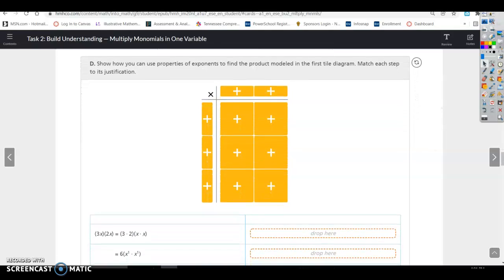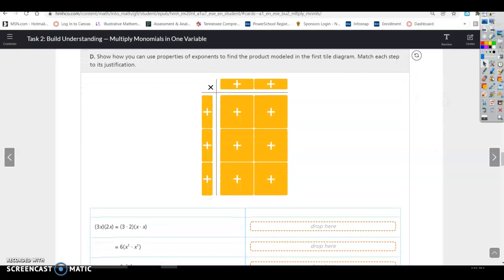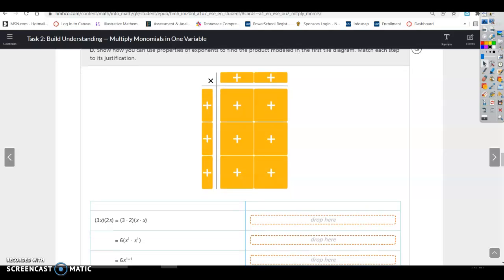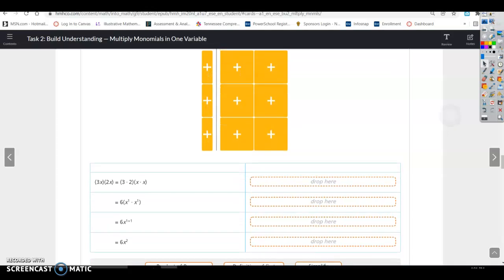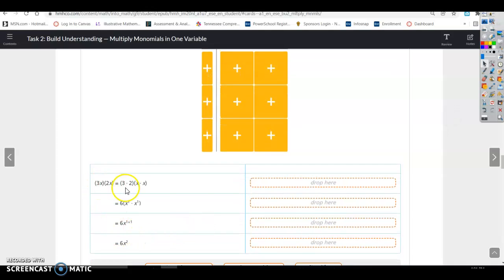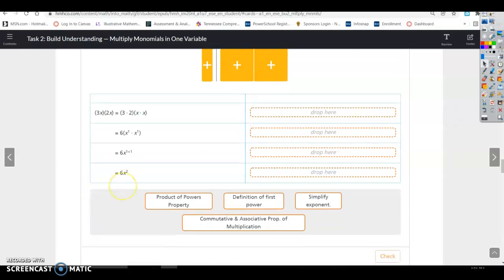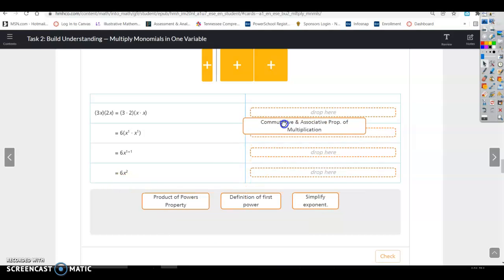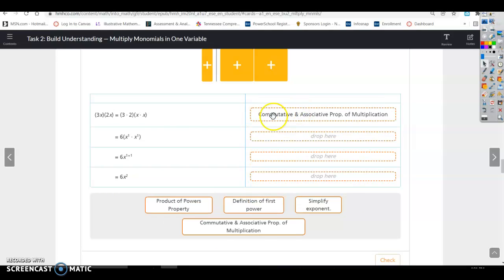Show how you could use properties of exponents to find the product modeled in the first tile diagram. Match each step to its justification. All right, so this is rearranged, so that would be commutative and associative property. And then this would be definition of a power.